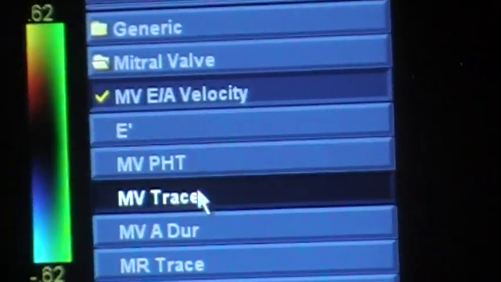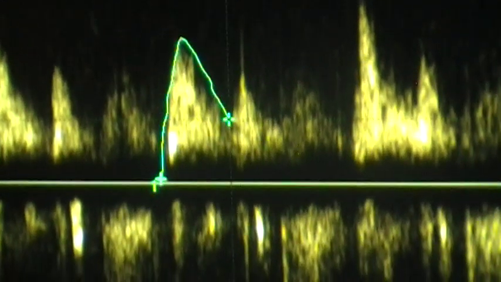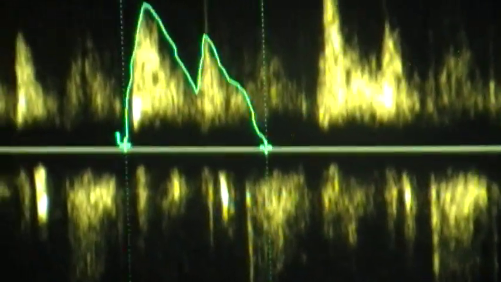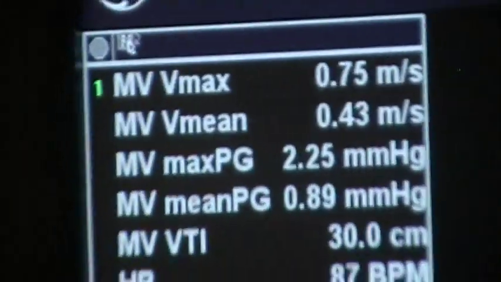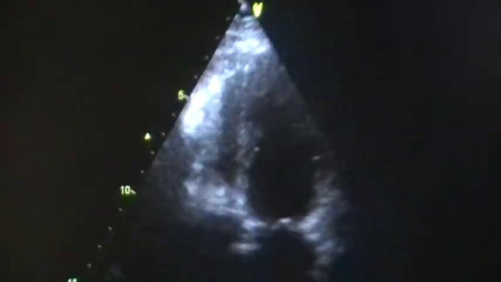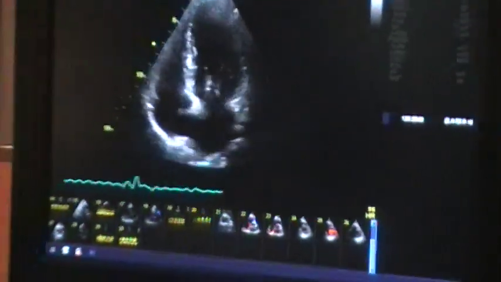Not every place does this, but it's called the mitral valve trace. So you would actually trace from the baseline. You're going to trace the E, come down, and then trace your A, and then go back down. So that just gives them more information as far as how that valve's opening, the pressure in it, if there's any stenosis, that kind of thing.